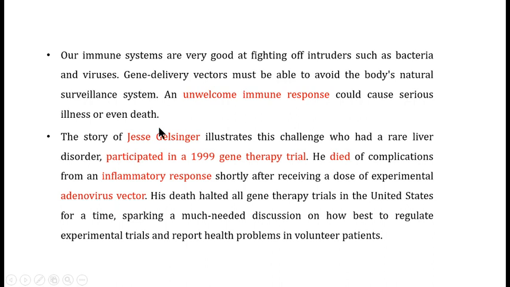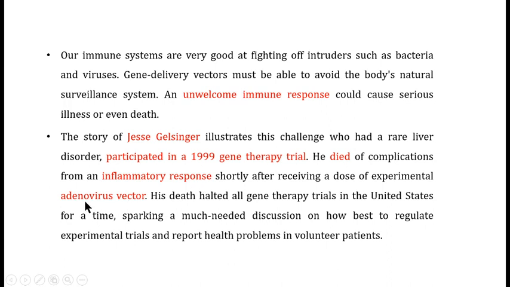If I give you an example of this unwelcome immune response, in 1999, a patient by the name of J.C. Gelsinger, who had a rare liver disorder, participated in a gene therapy trial. When they introduced the gene of interest utilizing the adenovector into his body, he died of complications from an inflammatory response.